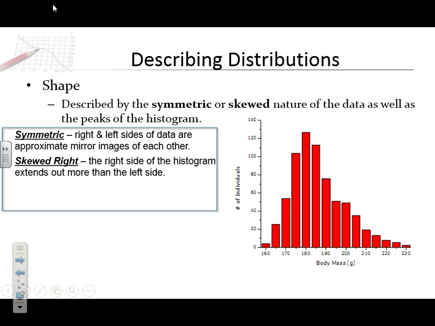When we say a distribution is skewed right, it means that the right side of the histogram extends out more than the left. So the right side is longer than the left. So when you see skewed right distributions, you're hitting a peak fairly early on in your range of values, and then it starts to taper off as you increase that value of x.